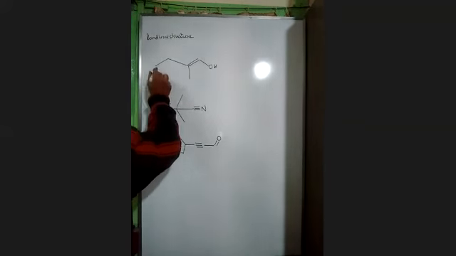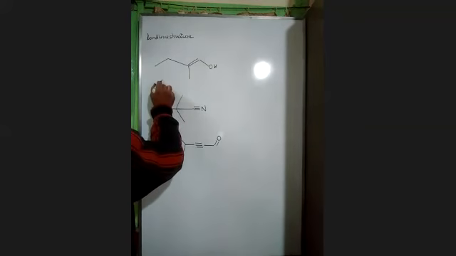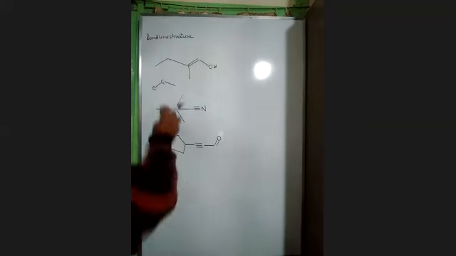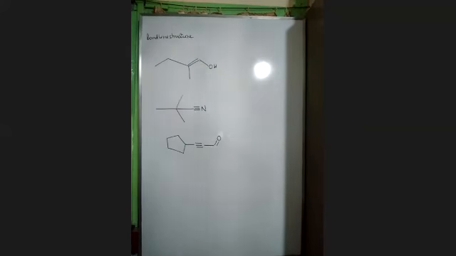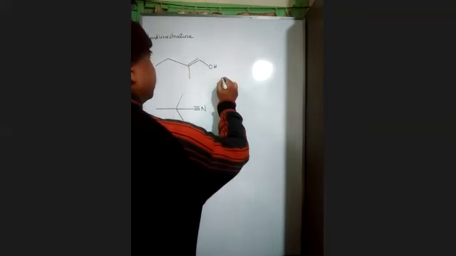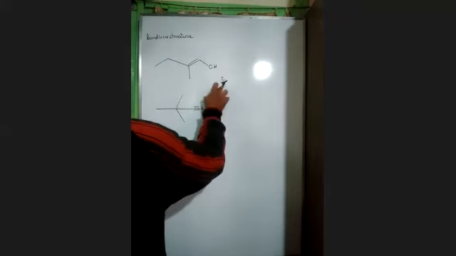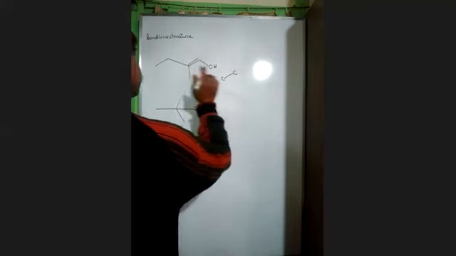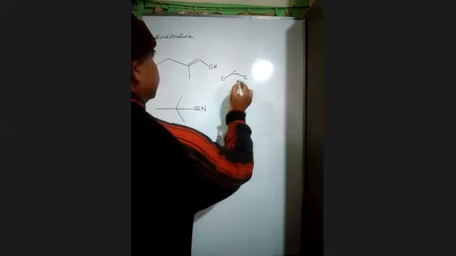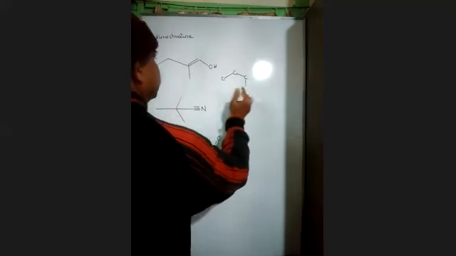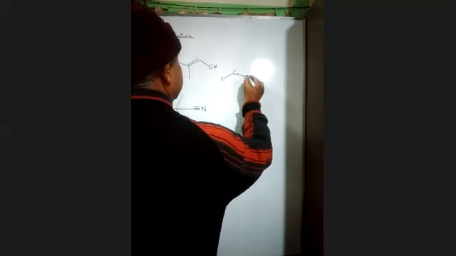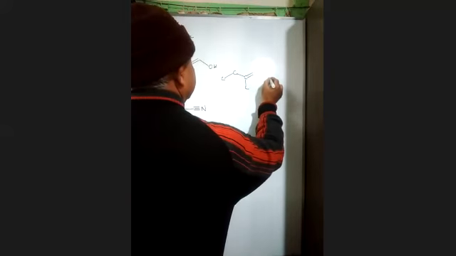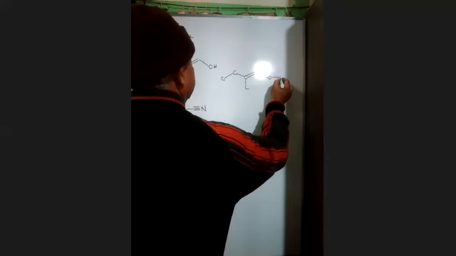See, for this carbon, for this, write it here. See, for this it is this. For this it is this. For this one, this. For this, this. Then for this one, C. Then we have OH.